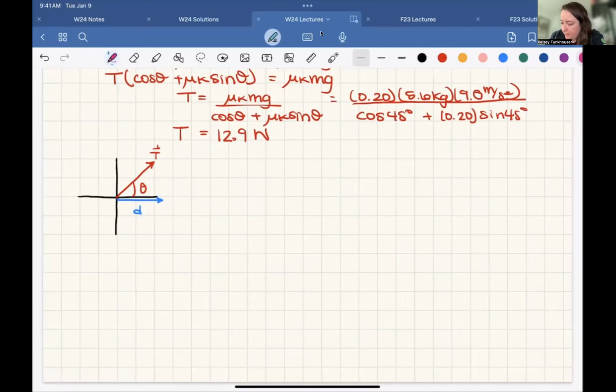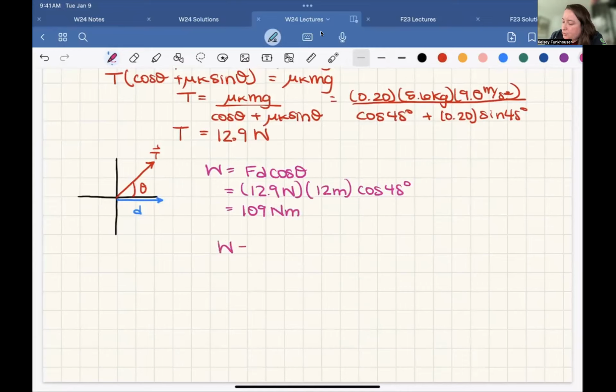Start with the work, W: force, displacement, cosine of the angle between them. We know all of those, so we can just plug them in. We have a force of 12.9 newtons, displacement of 12 meters, and cosine of 45 degrees. So this gives us the work done of 109 newton meters, or also 109 joules.